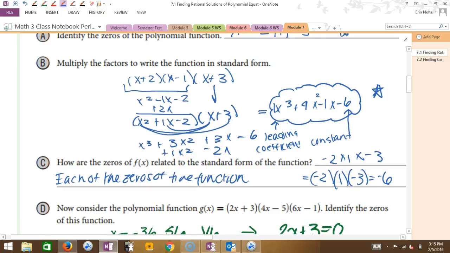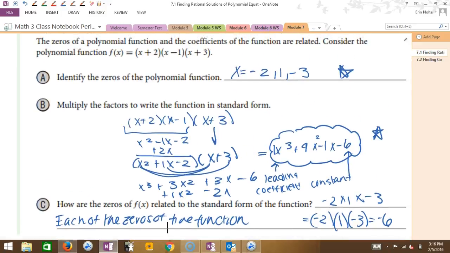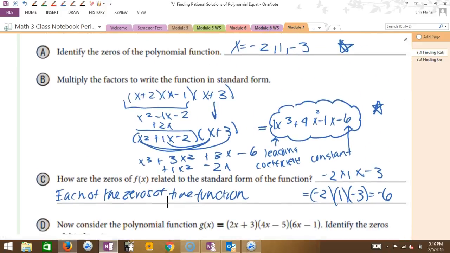No, because those are the opposites. My zeros. How are the zeros related? So good call. So what are my zeros of my function? So not that, so my zeros are 2.